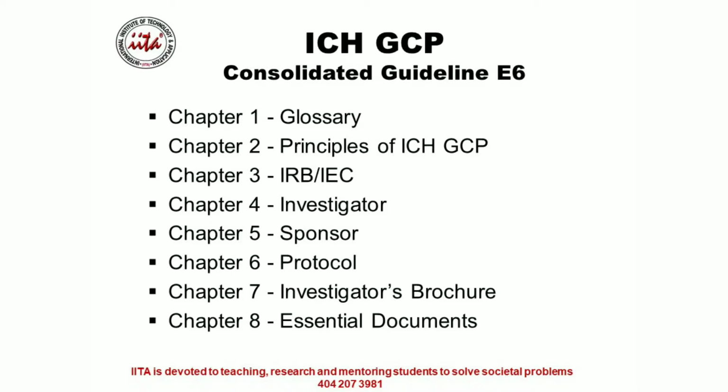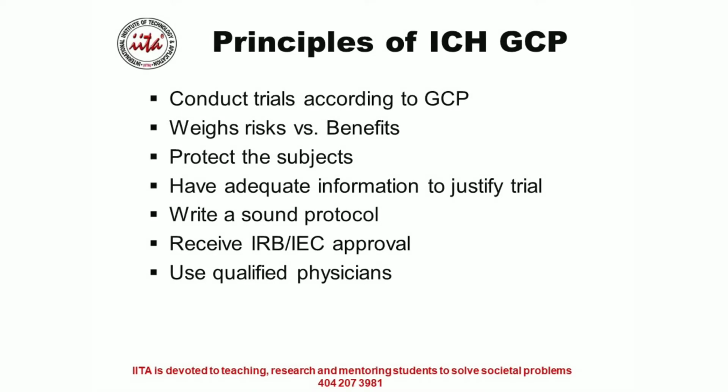This is a consolidated guideline for topic E6 that consists of Chapter 1, the glossary, Chapter 2, principles of ICH GCP, Chapter 3, IRB/IEC, Chapter 4, Investigator, Chapter 5, Sponsor, Chapter 6, Protocol, Chapter 7, Investigator's Brochure, Chapter 8, Essential Documents.